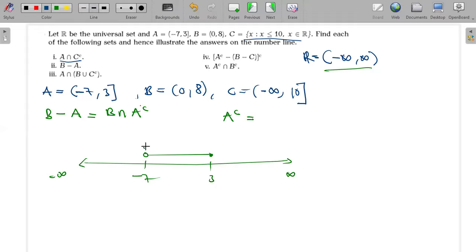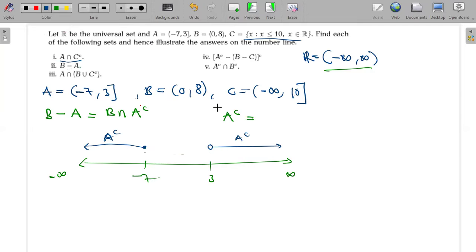So in the complement, it will be closed when I shade here, and it goes all the way to negative infinity. Since 3 is in A, it can't be in the complement, so it will be open there, and then it goes there. So this in blue is my A complement.